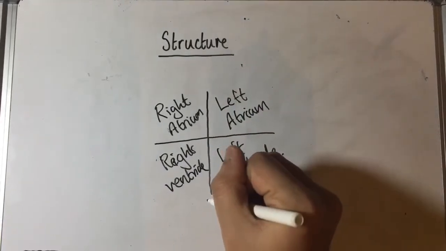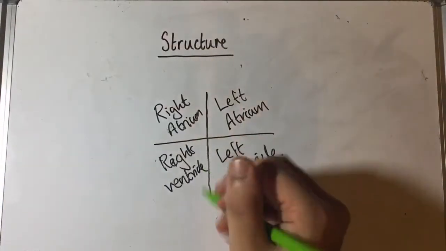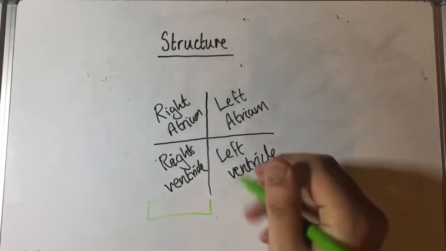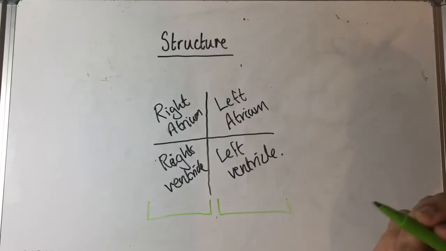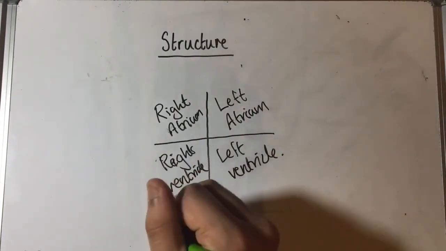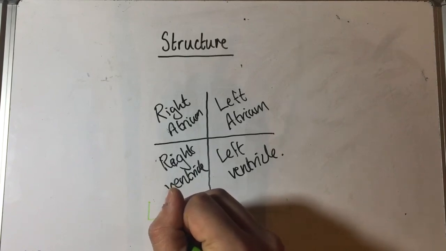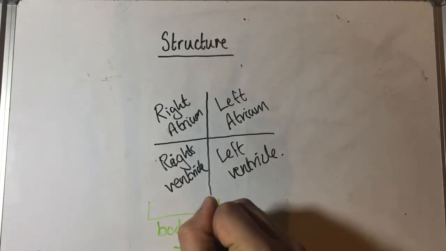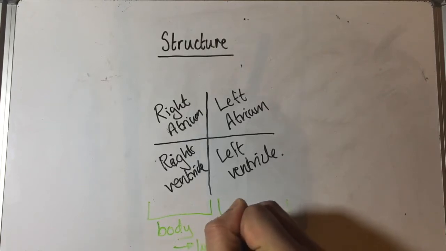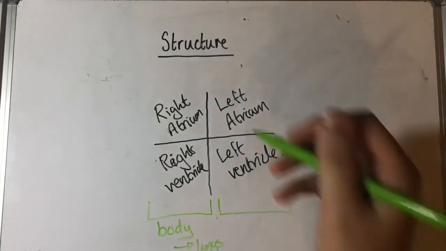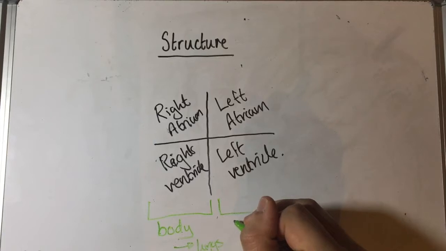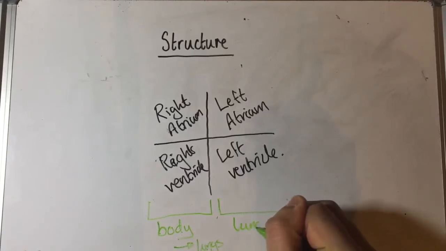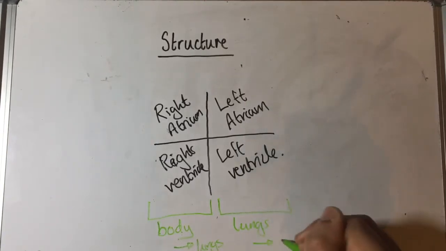So what you can say is that you have two separate pumps, this side and this side. This side deals with the blood that's coming back from the body and is being pumped to the lungs. This side deals with the blood that is coming back from the lungs and is to be pumped to the body.